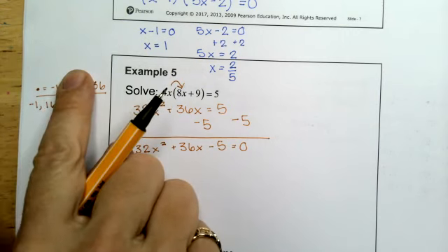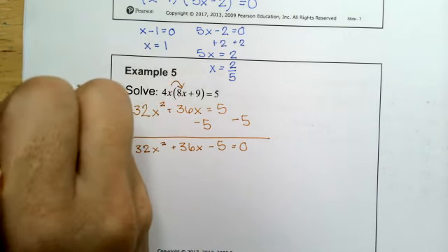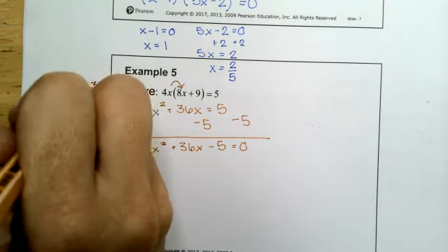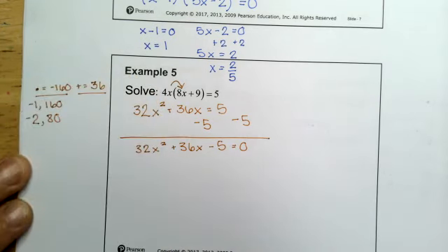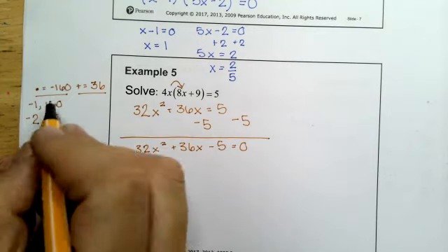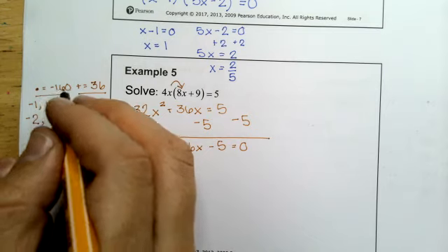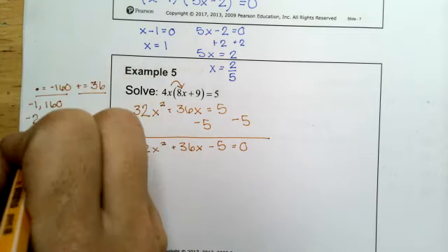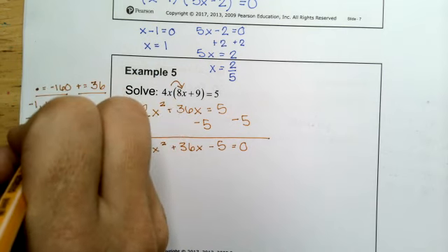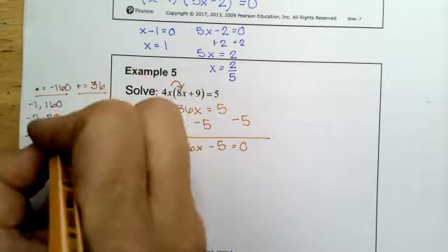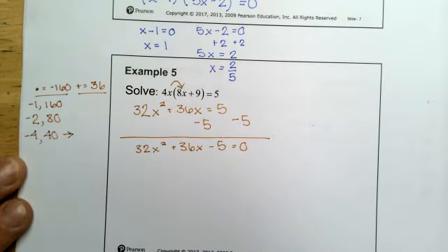Negative 1, positive 160, right? 16 divided by 2 is just 8, right? So negative 160 divided by negative 2 is going to be a positive 80. 16 divided by 3, I don't think I can do that. 16 divided by 4 is 4, right? So I can say it's a negative 4. Negative 160 divided by negative 4 is a positive 40. 40 minus 4 is 36.